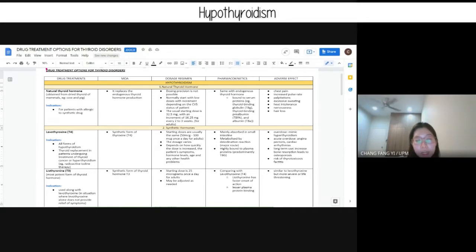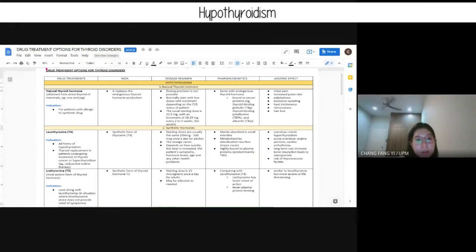So patients with hyperthyroidism might be undergoing radioactive iodine therapy, right? So we will give levothyroxine to avoid hypothyroidism happening in patients undergoing the radioactive iodine therapy.